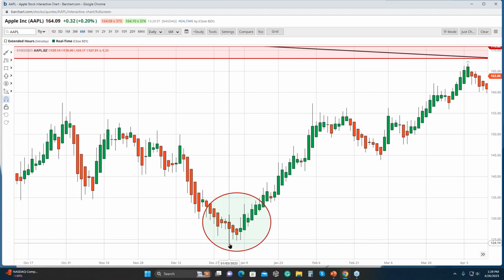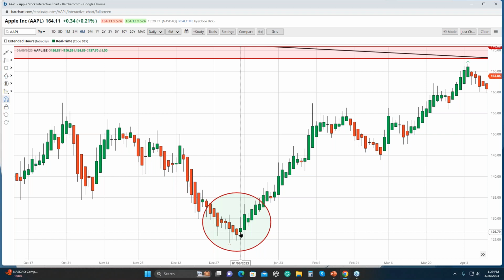So in order for this trend to continue, what we would like to see is another red candle close below this controlling candle's low. If we see a reversal, as we do here, another doji-type candle, a green doji, that's signaling to us that there could be a price change to the upside.